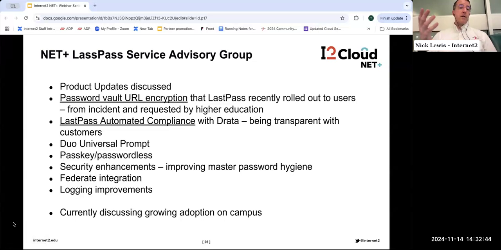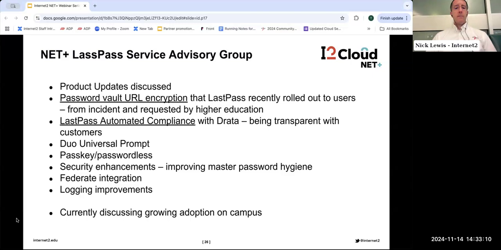Like all of our services do some sort of logging, so do they integrate with other Net Plus services that do logging? And similarly, MFA support for all services: is something needed for that, and are there updates needed? And so we'll engage collaboratively between the different advisory groups to ensure that the needs of campuses are being met.